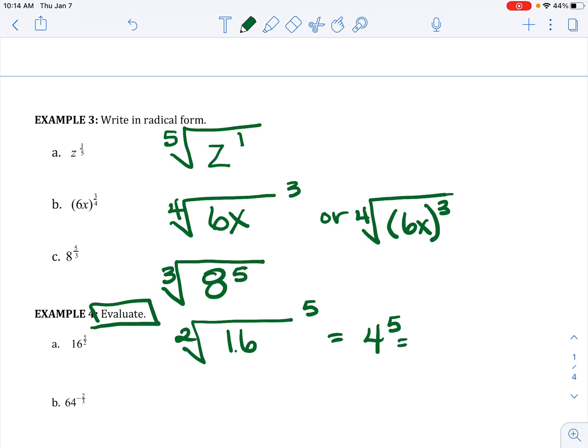Well, I can then find that, which is 4 times 4 times 4 times 4 times 4. So this is 16 times 16 is 256 times 4. Or let's just use a calculator. So calculator, 16 times 16 times 4 is 1024.